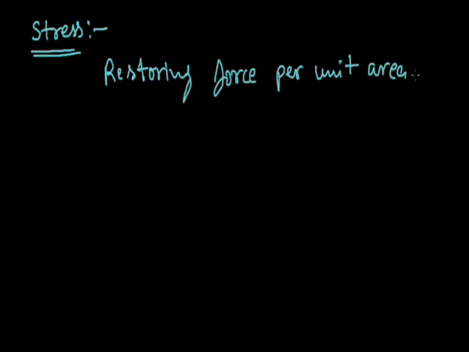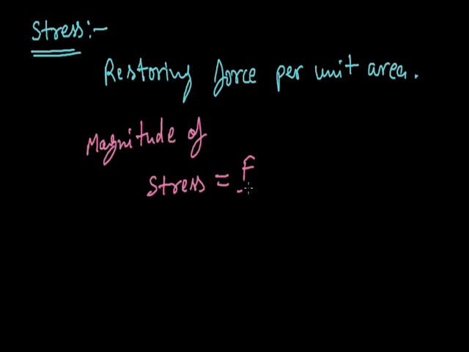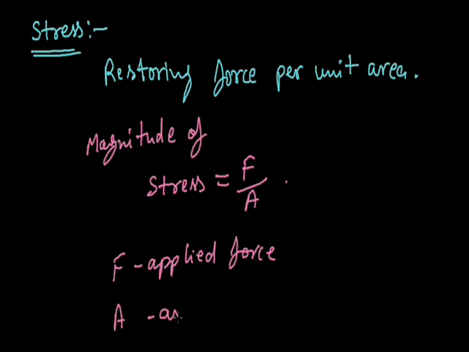Okay, so we can explain stress as the restoring force per unit area, and the magnitude of stress is given as F upon A, where F is the applied force and A is the area of cross section of the body.